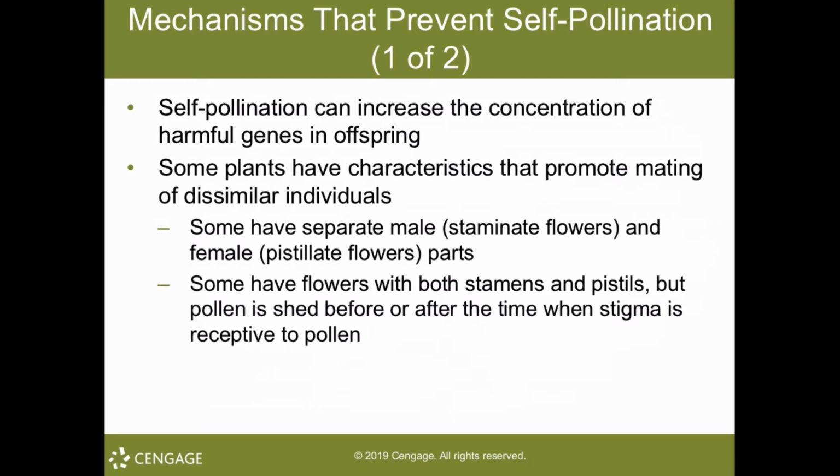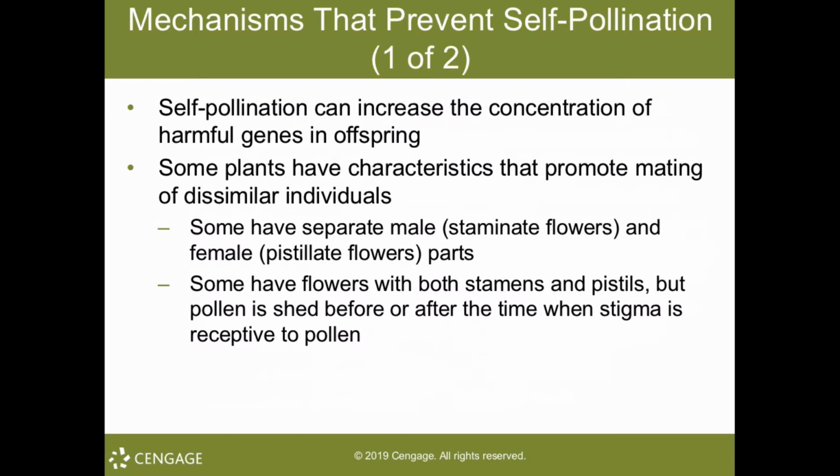Some plants, such as asparagus and willow, have separate male and female individuals. So the male plant has staminate flowers that lack carpels, and the female plants have pistillate flowers that lack stamens. That's termed being dioecious, having separate male and female plants. Other species have flowers with both stamens and pistils.